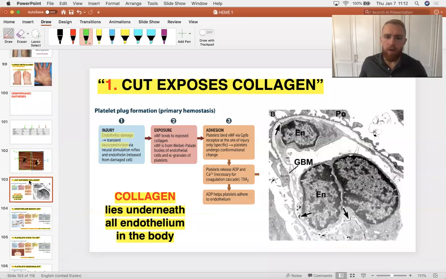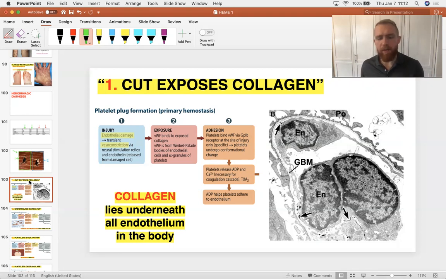So you get some endothelial injury. There's your bleed. That's what a bleed is. Injury to the endothelial lining of your vasculature. What's the very next thing that happens? Well, endothelium kind of scoots aside to reveal some collagen on the basement membrane that lines every blood vessel in your body.